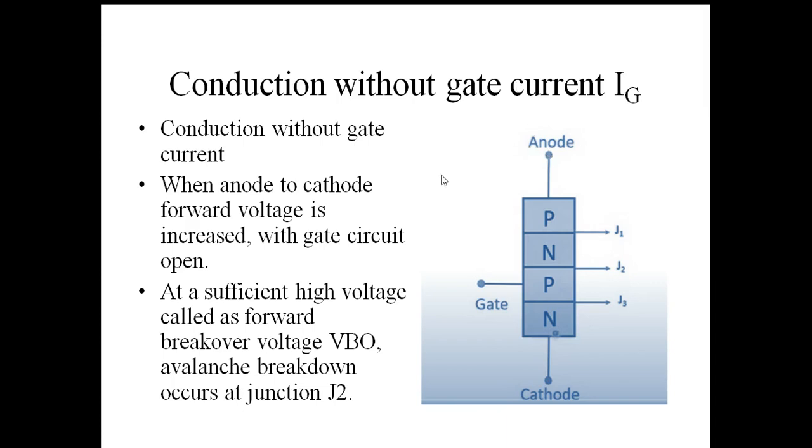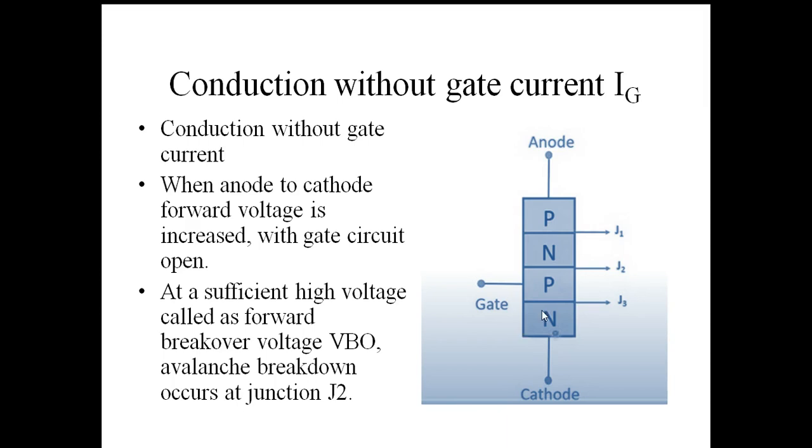Actually, the device has to be forward biased. The anode terminal will be connected to the positive terminal of the supply, and the cathode to the negative terminal of the supply. The positive voltage of the supply will be increased so that at a certain voltage the junction J2, which is reverse biased, will break down and conduction through the device takes place.